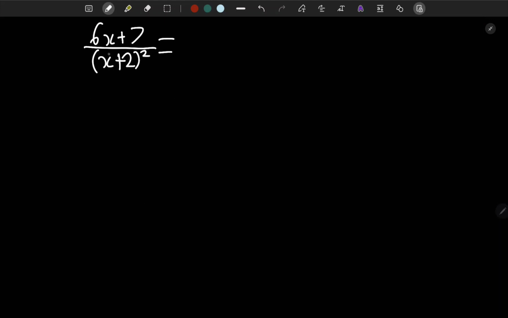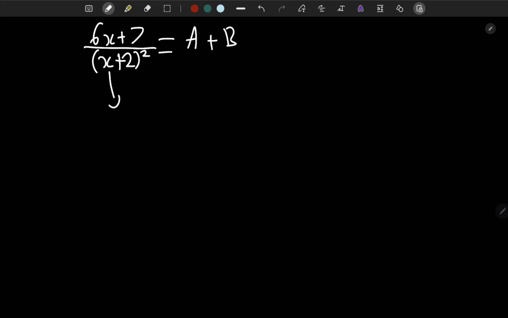So here we have 6x plus 7 over x plus 2 squared. So what is the highest power of x in the denominator? When we expand this, it's going to become x squared. So we have two unknowns because the highest power will be 2. So a plus b, and how many roots do we have for this?